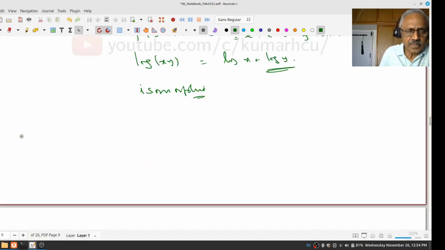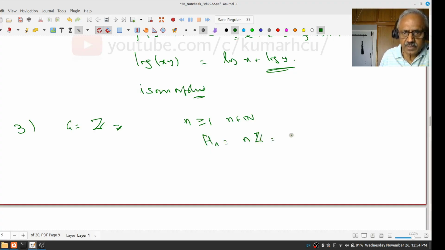Okay, now let's look at the third example. Let G equal the integers, and fix a natural number n greater than or equal to 1. Let us look at our group H_n to be n times Z, that is all multiples of n.